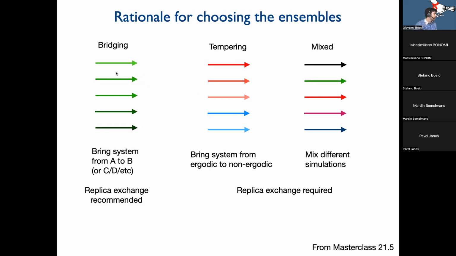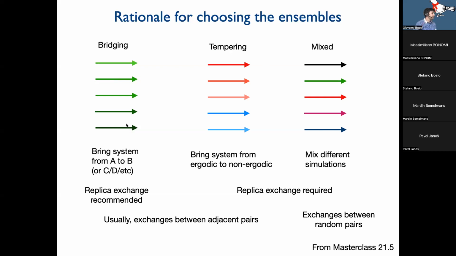In case of bridging between two states, it's recommended to do replica exchange. We discussed that in the previous masterclass, but it's not technically compulsory. Whereas in these two other cases, each simulation is exploiting the fact that other simulations are more ergodic, so it basically makes no sense to use these methods without replica exchange.